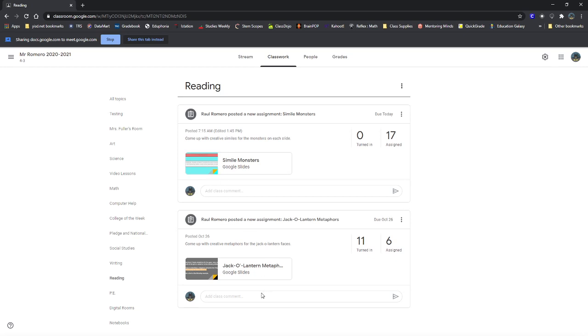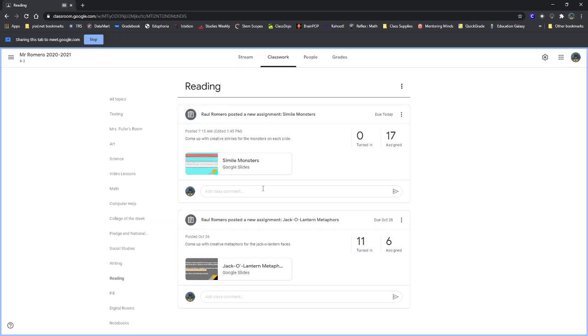Now, what we're going to do today is we're going to work with similes. Okay? So, I want you guys to go ahead. You're going to go to classwork. You're going to go to the reading topic. And you're going to open up this assignment here, the Simile Monsters.